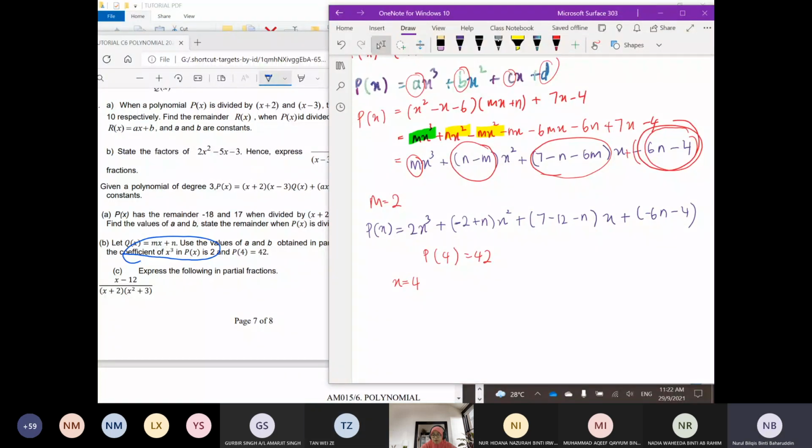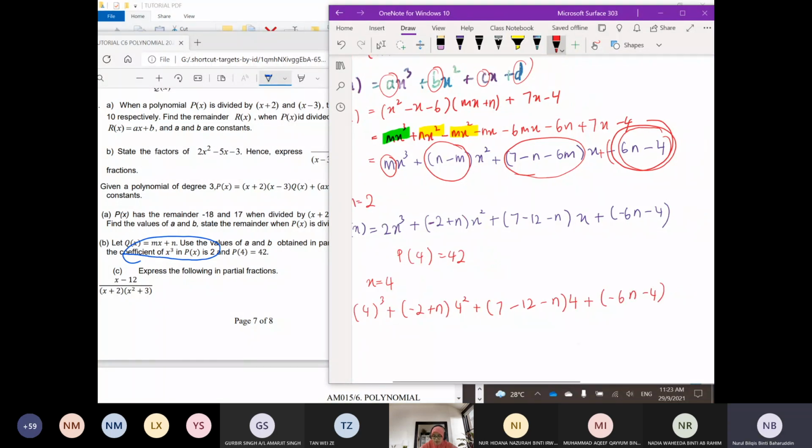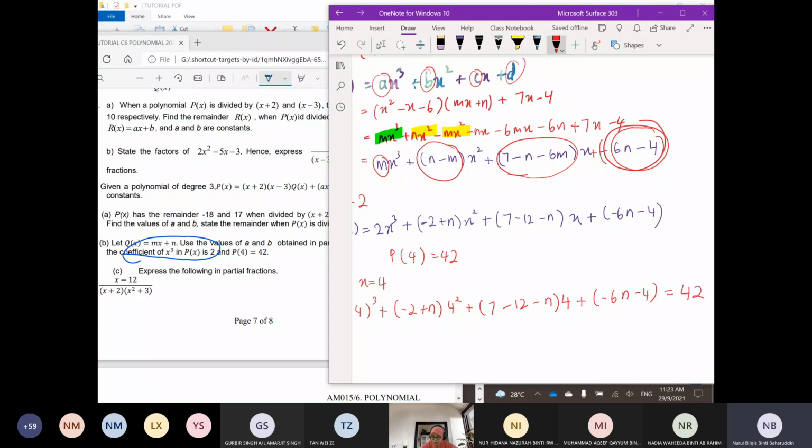So you will get 2 times 4 to the power of 3 plus negative 2 plus n times 4 squared plus 7 minus 12 minus n times 4 plus negative 6n minus 4 equals to 42.